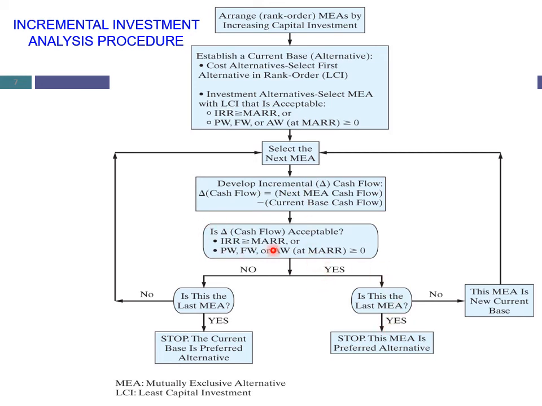If the cash flow is not acceptable and if this was the last project alternative, then we stop, and the current base project at this time in your hand is the preferred alternative. But if it is not the last alternative, then we select the next alternative and repeat the procedure. So this is just a flow chart that summarizes the procedure of incremental analysis.